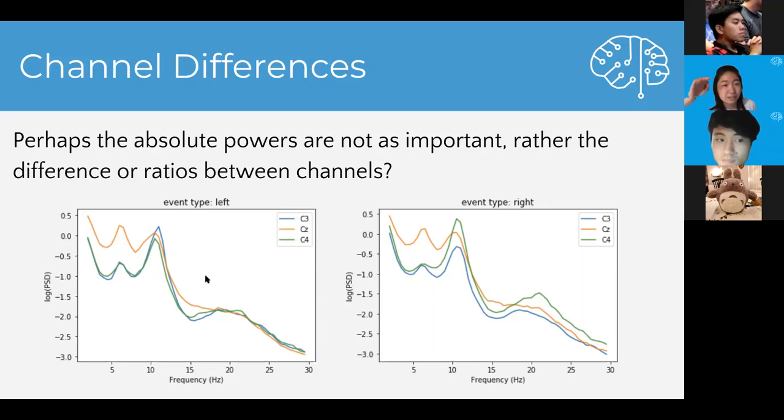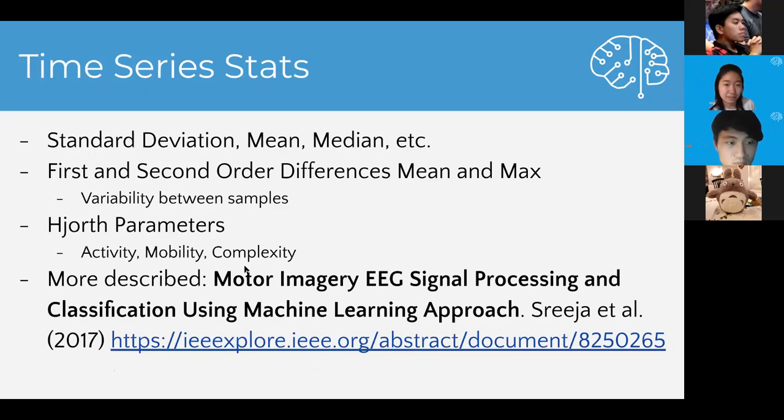Most of these are methods that you can see in literature. If you look up feature extraction for motor imagery, for example, you can find power bin analysis, Hjorth parameters, first order differences, and also just exploring PyEEG. You can find a huge list of other features that you could potentially use, and then try to map that to literature.